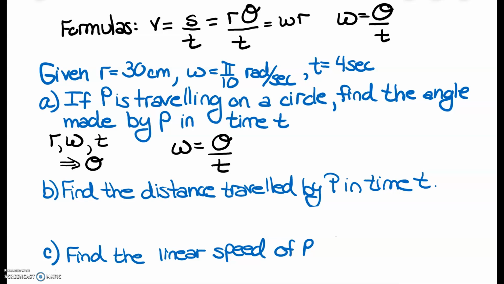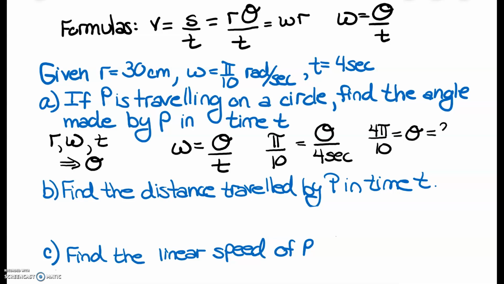We know that our angular speed is pi over 10 radians per second, and we're going to set that equal to theta, which we're looking for, over 4 seconds. So when we multiply both sides by 4, we get 4 pi over 10 equals theta, or when we simplify, theta equals 2 pi over 5 radians.